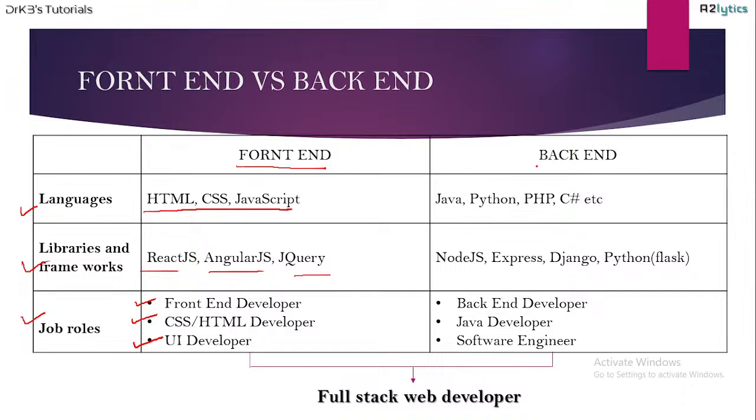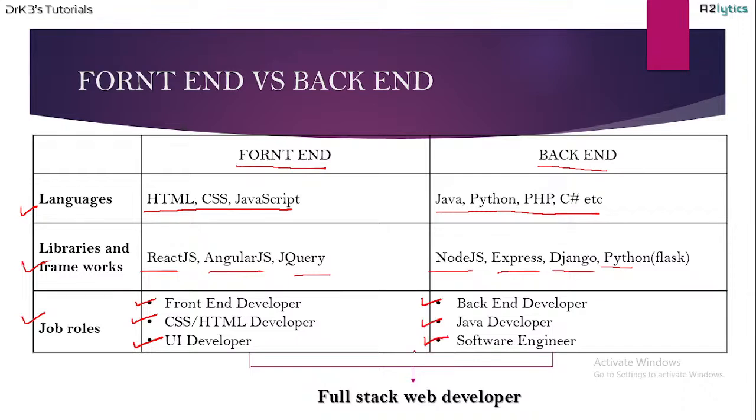At the backend, programming languages are Java, Python, PHP, C#. Frameworks are Node.js, Express, Django. What are the roles available? Backend developer, Java developer, software engineer.